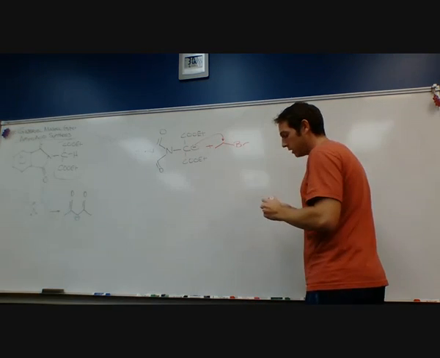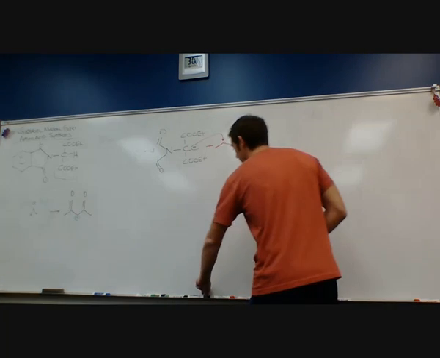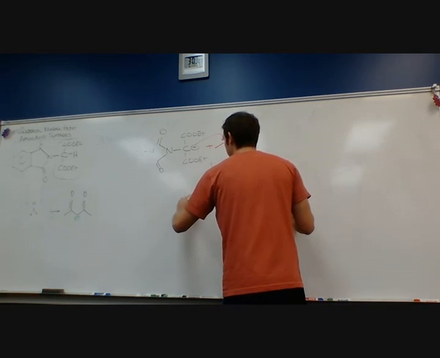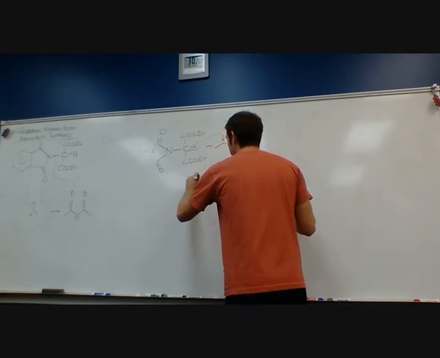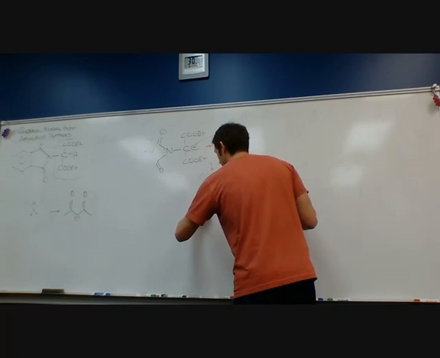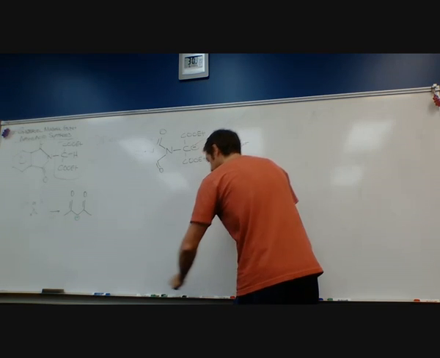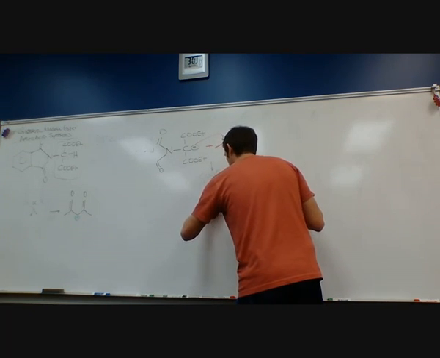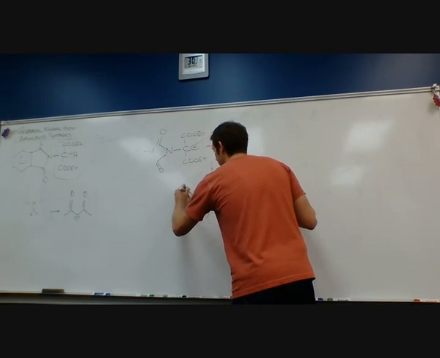And I'll try to match the colors here, that way you can follow what's going on. So in our next diagram down, we have that carbon still attached to all this side stuff. Still attached to the end.